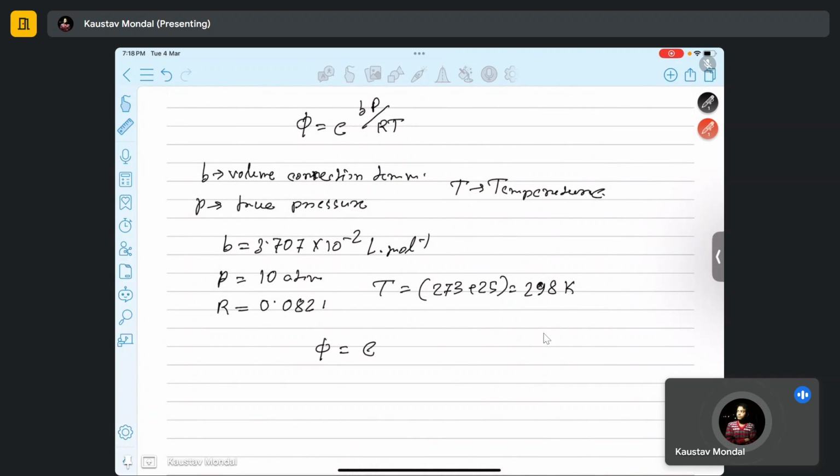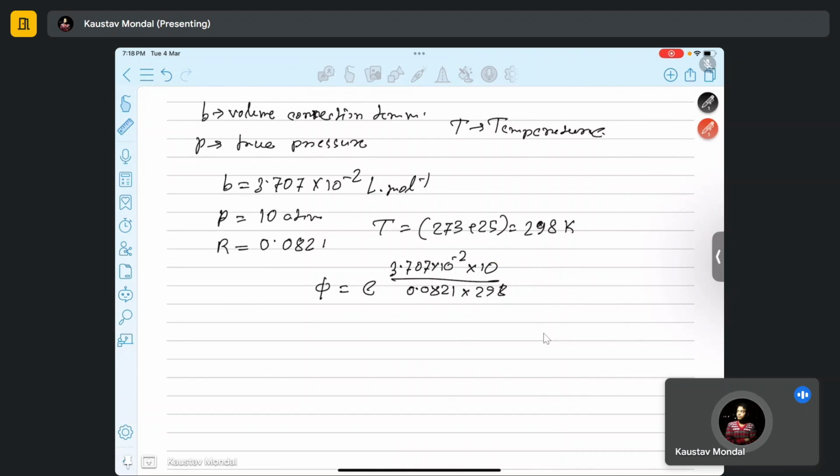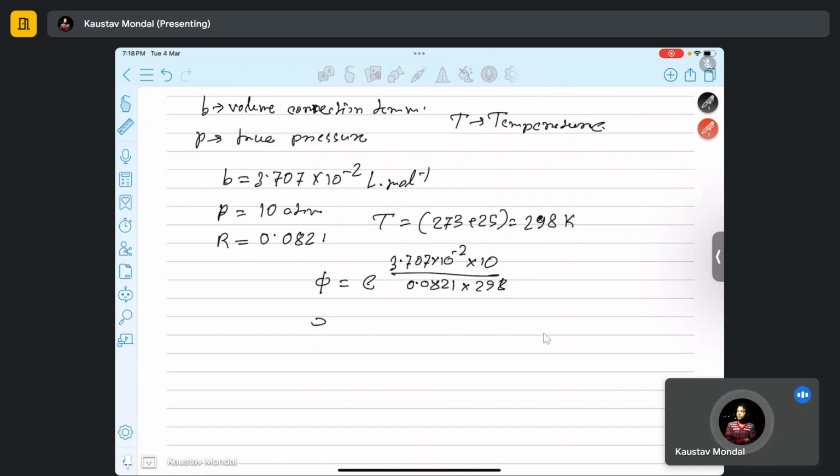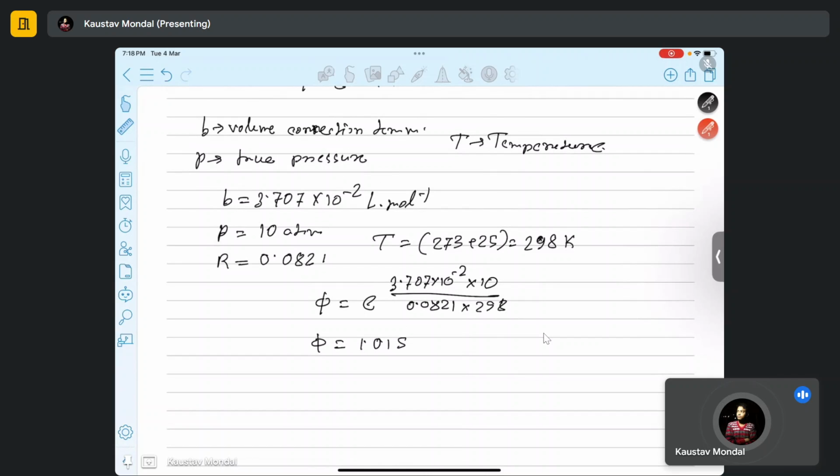So phi is e to the power 3.707 into 10 to the power minus 2, P is 10 atm, R is 0.0821 into 298. If you do all this calculation, you will get phi as 1.015. Okay, this is the fugacity coefficient.